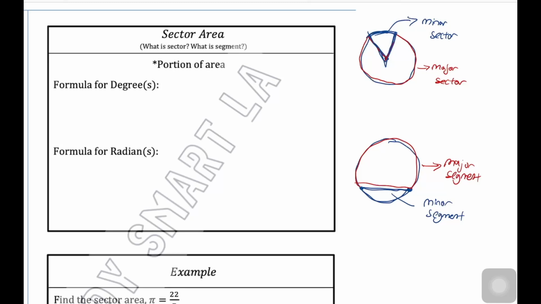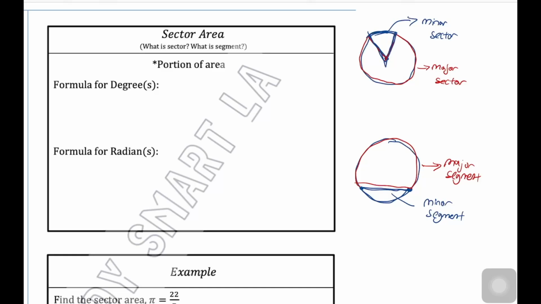So sector area, as area is always the region that is in the center, or the region that covers the inner region of a shape, right? So the inner region of this minor sector is the one that will be referred to when we are calculating sector area.